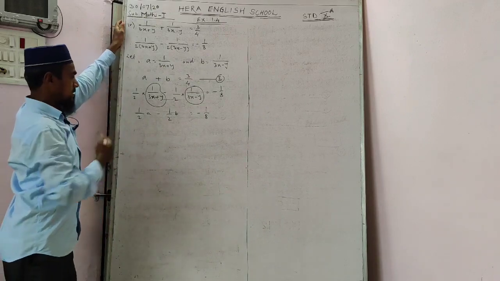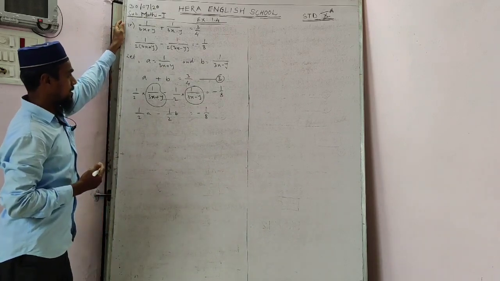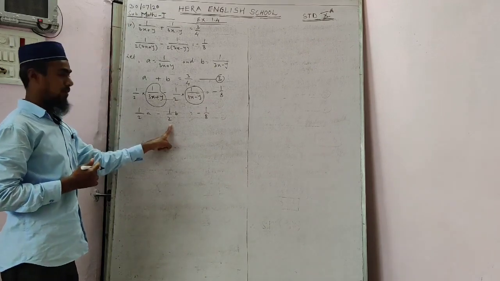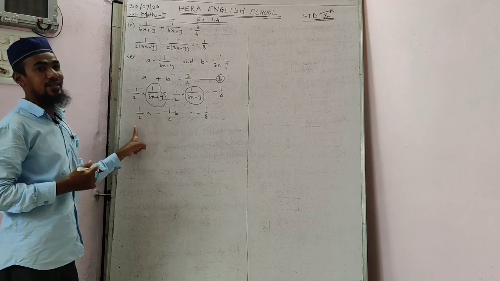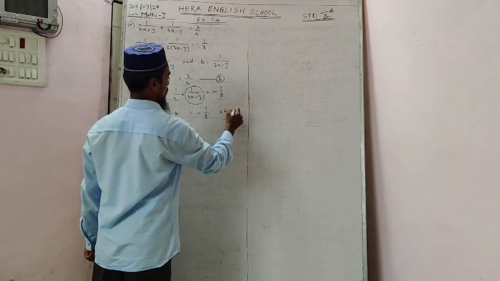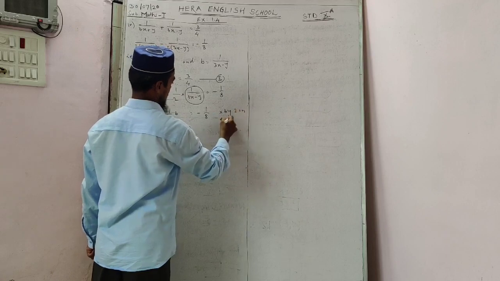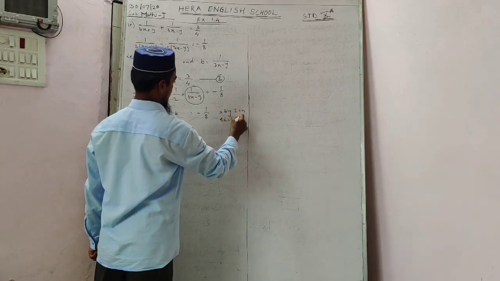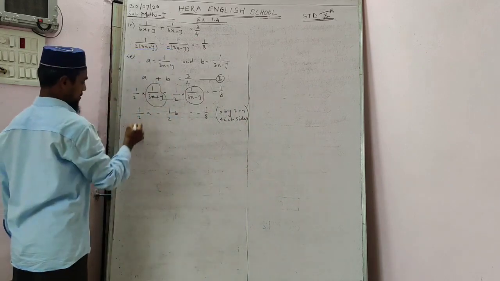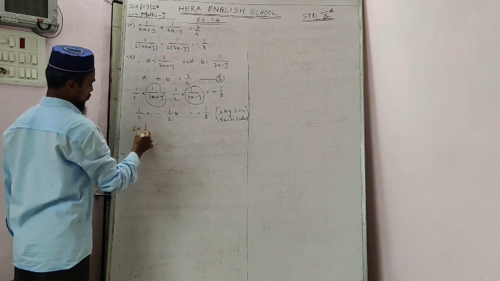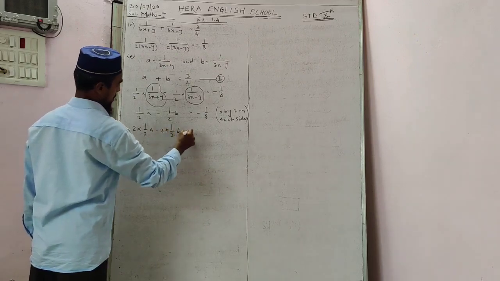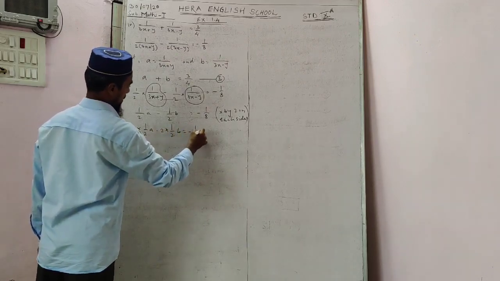We can arrange this equation by multiplying. Since 2 is in the denominator, by multiplying by 2 you can cancel the 2. In this equation you will multiply by 2 on each side. So 2 into 1 by 2 a, minus 2 into 1 by 2 b, equals minus 1 upon 8 into 2.